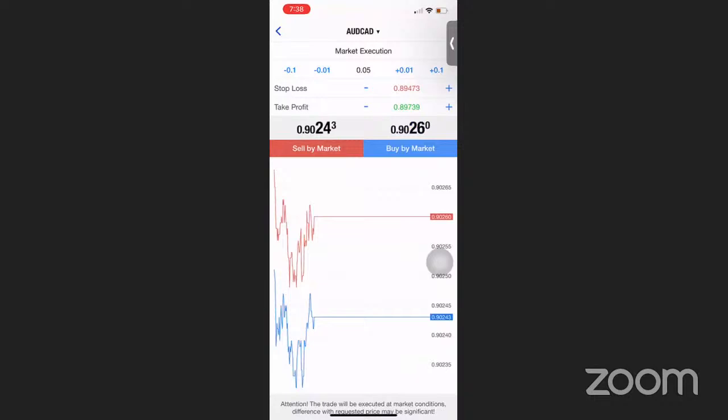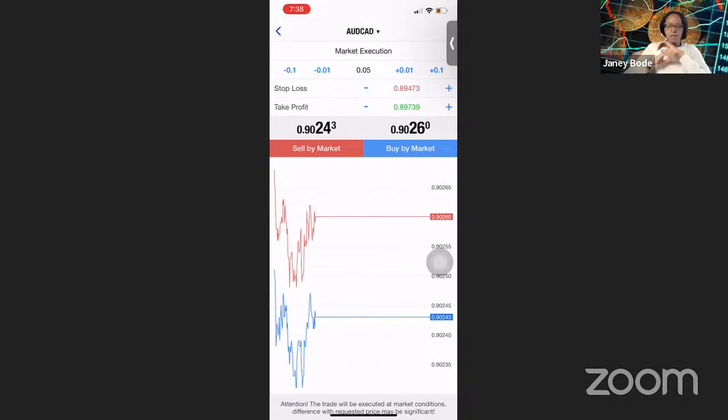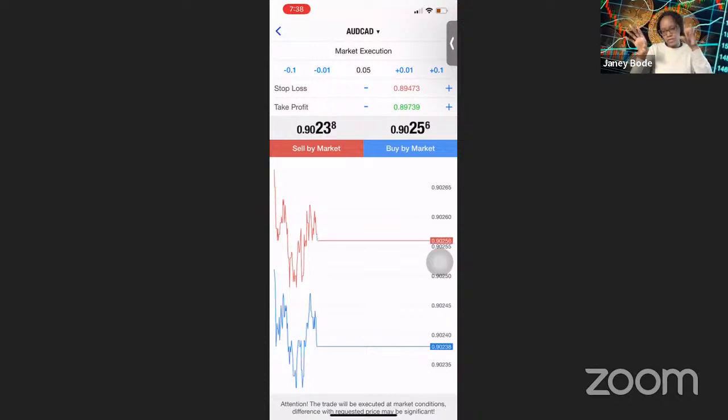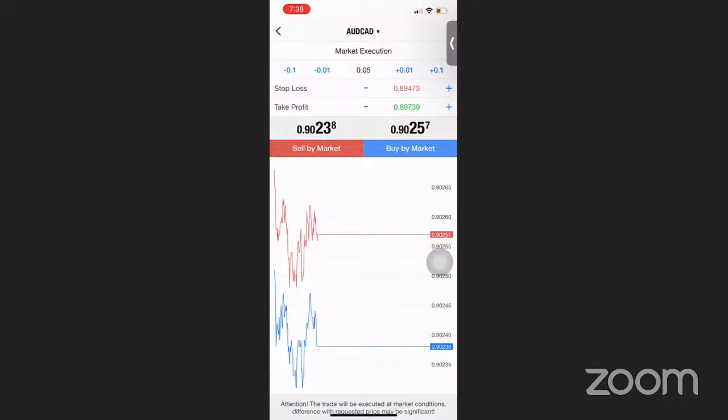Once you enter those numbers, you click on whatever the trade said, whether it said a buy or a sell. Easy. That's it. The only reason why I couldn't click this is because the market is away from where it was when the trade came in. Does that make sense? Yeah, thank you.